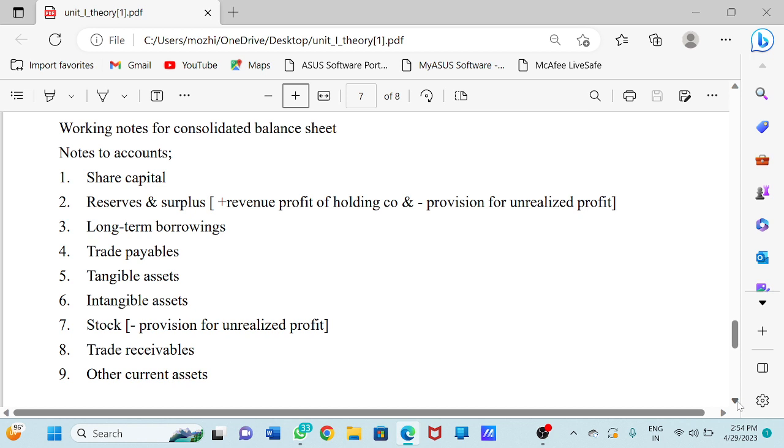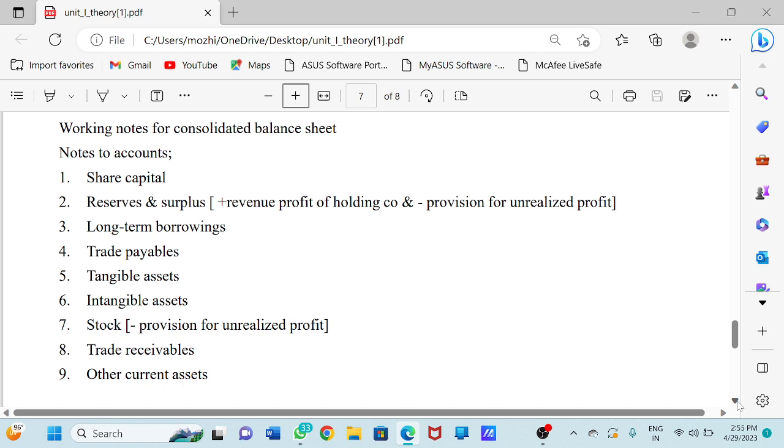Next, long-term liabilities, again holding and subsidiary together. Trade payables, which we have in the transactions, again holding and subsidiary together. Tangible assets, the values of both holding and subsidiary. Intangible assets, again the values of both holding and subsidiary. Stock, all the unrealized profit provisions will be taken into the stock.